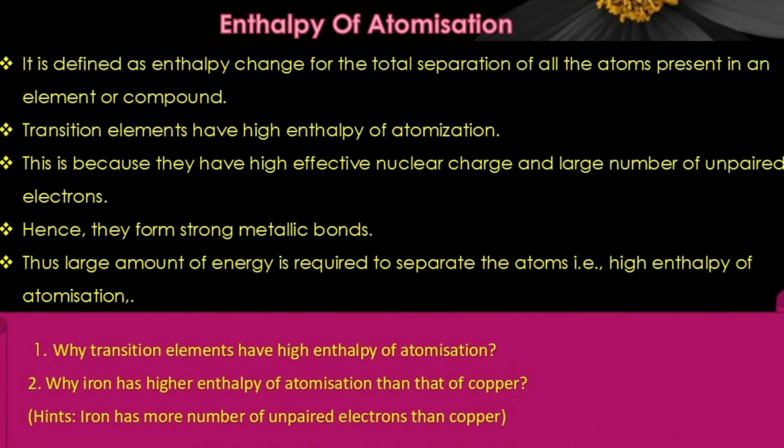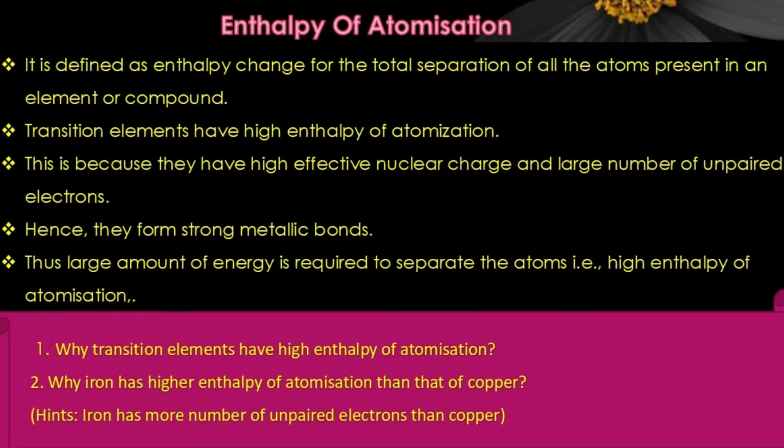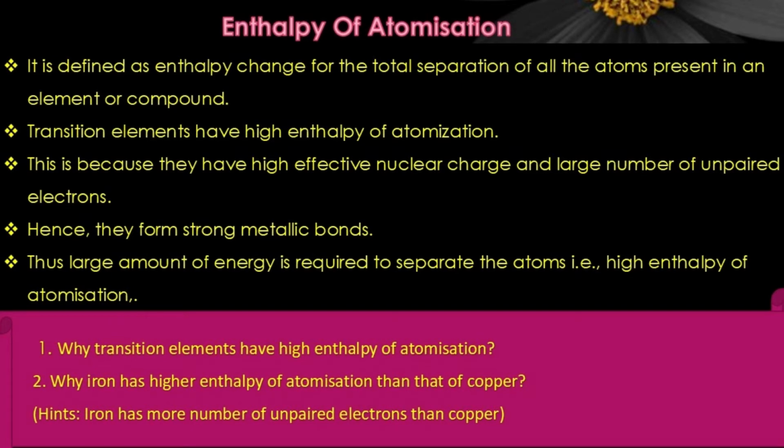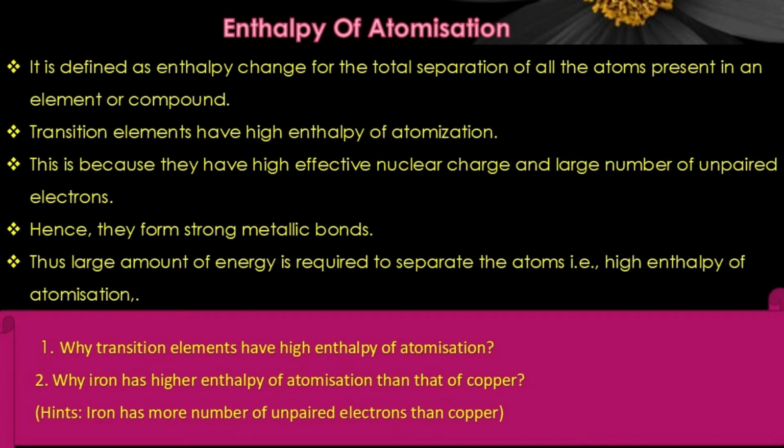Now let's learn about enthalpy of atomization. It is defined as the enthalpy change for the total separation of all the atoms present in an element or compound. Transition elements have very high enthalpy of atomization.